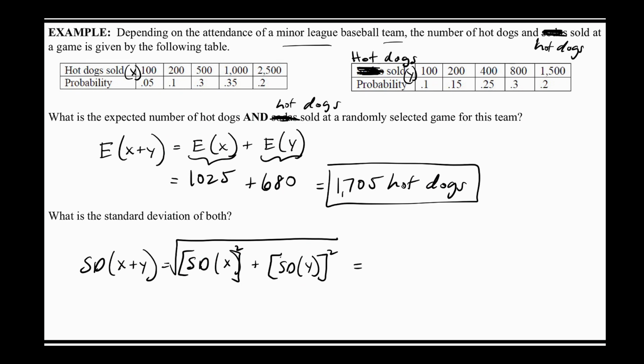So combined, if I wanted to combine both of these teams, they'll sell on an average night 1,705 hot dogs.